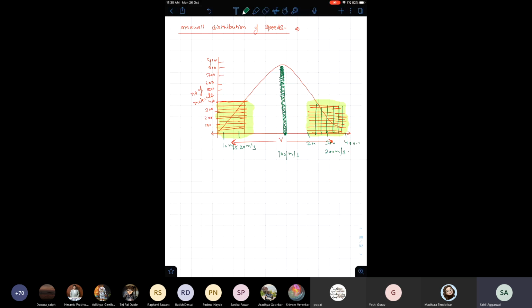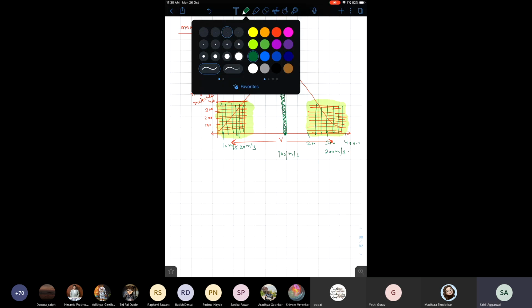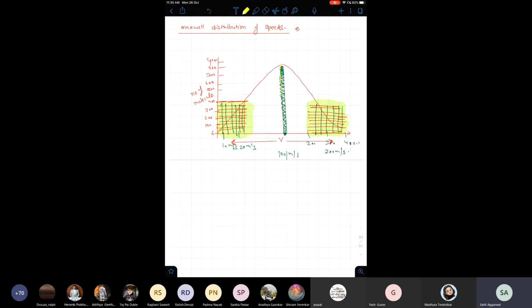The molecules having 10 meter per second, 20 meter per second are also very few. But the molecules having 100 meter per second are present in large amount. As you can see, 800 molecules have this particular velocity, or the range of this velocity.